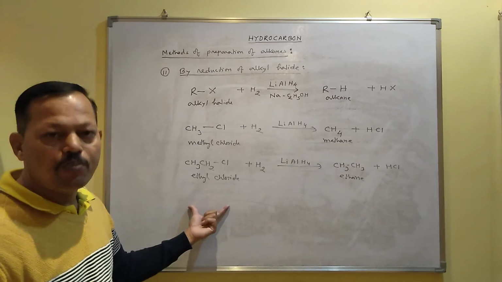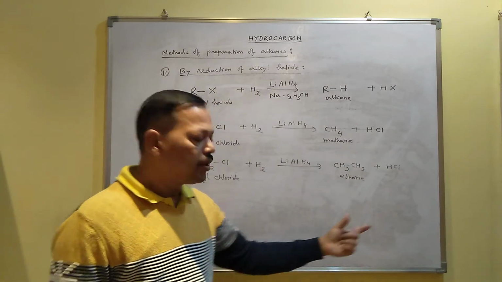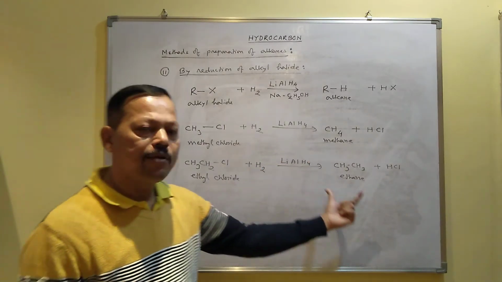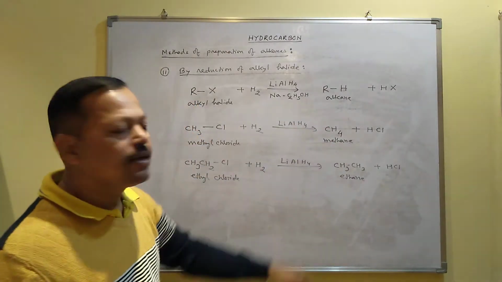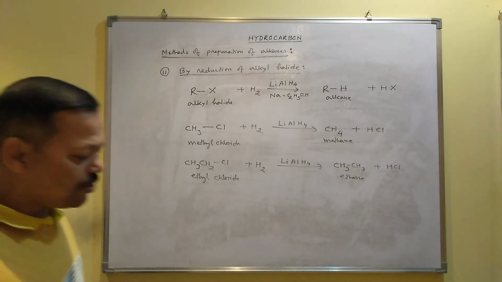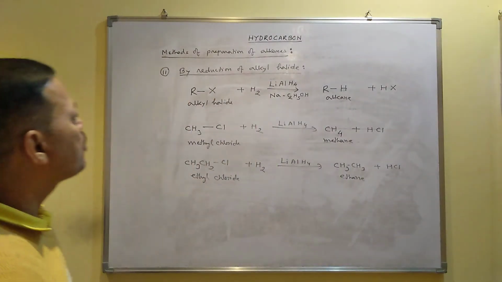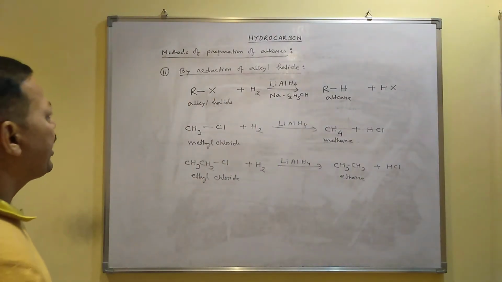I mean, you have to take propyl chloride. If you take propyl chloride, you will get propane. If you take butyl chloride, you will get butane. So that is why by using this method, you can prepare any alkane as required. So this is another method for the preparation of alkanes.